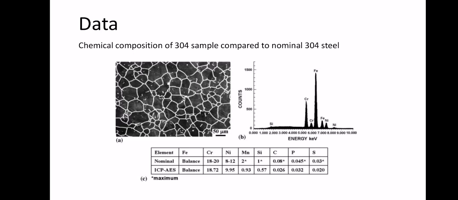I can see that the manganese level is reduced. The same goes for silicon and I think carbon also. So this is actually by corrosion. Corrosion, I think, contributed to these losses.